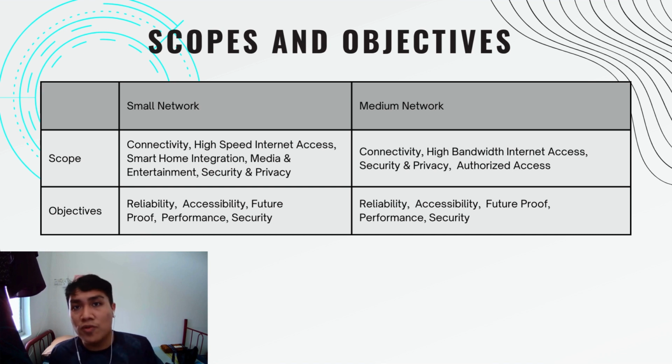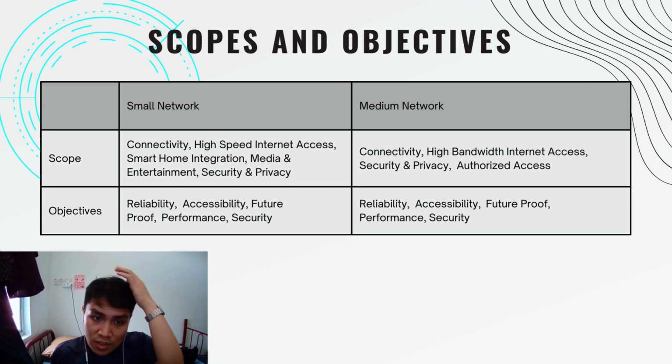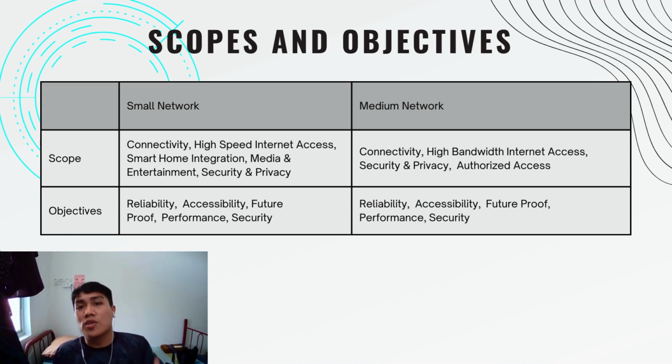So this is why future-proof is important, because this network tends to cost a lot of money for some people, me included. So the objective is to make it last longer so that people can enjoy it before it is even worth upgrading.